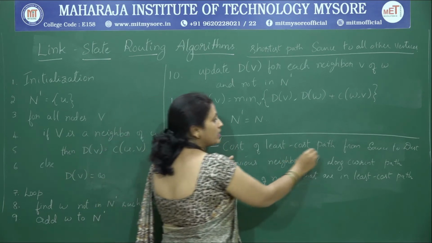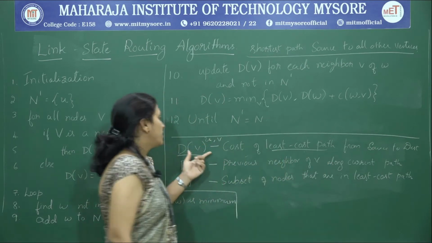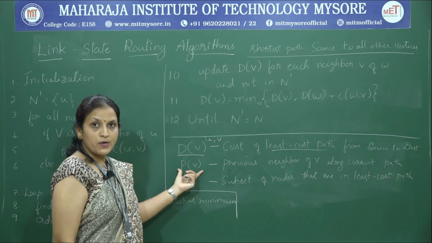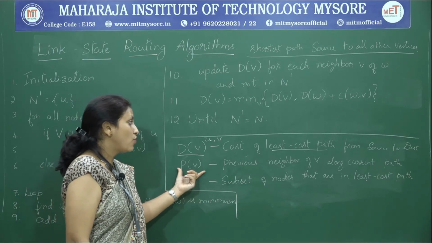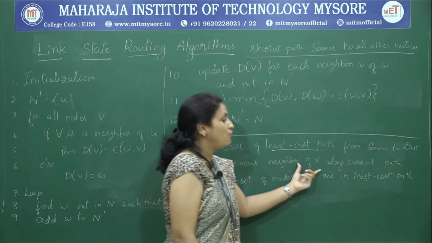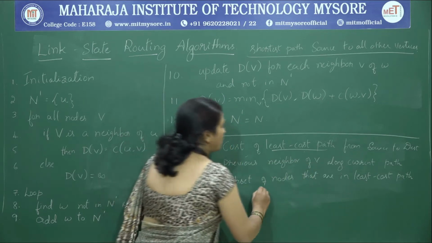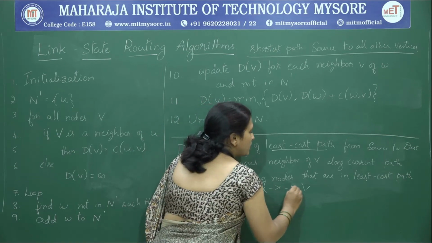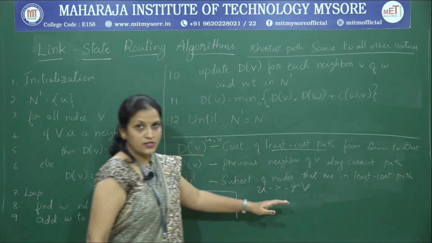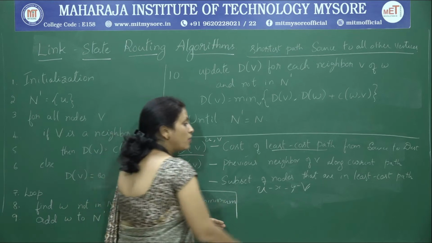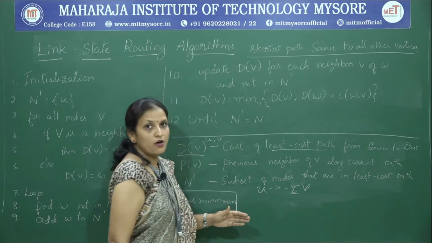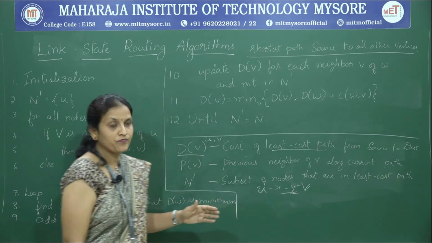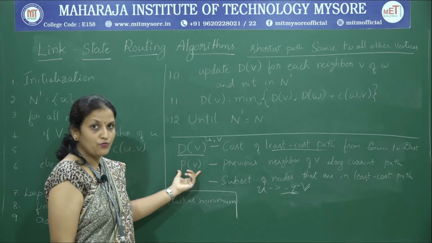Okay, that cost of the least cost path is stored under D of V. Okay, and then what do we mean by P of V? We are going to store the previous neighbor of V. When I say a path from U to V, it might traverse through various other routers in between. So, we are going to store the previous neighbor of V which comes in that particular path. Okay, that is P of V.